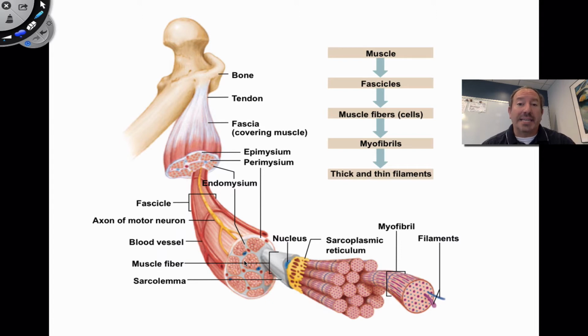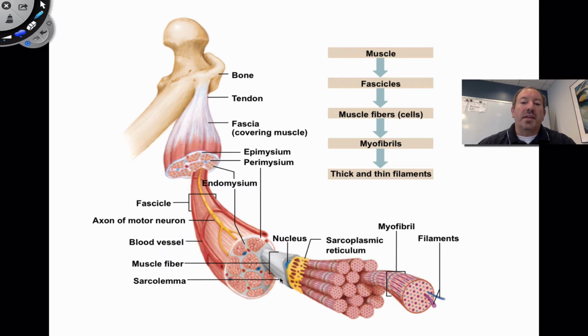The reason for the multiple nuclei is that it needs to make so much protein, and the distance is so vast within the muscle cell that it's more efficient to have more than one genetic code doing that, because as you know, DNA is the code for protein.